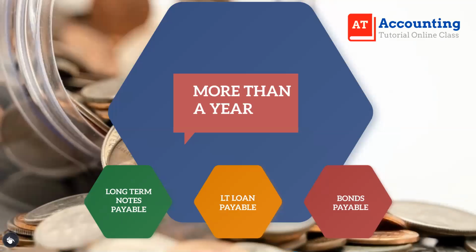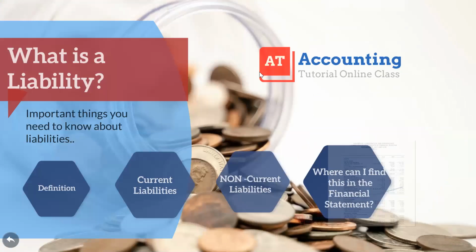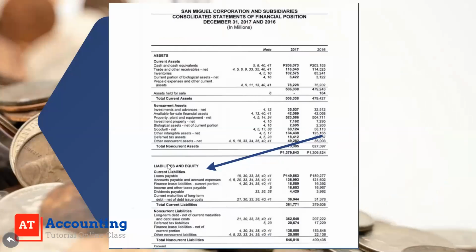All right, so those are the common accounts under the non-current liabilities. Let's review where we see the liabilities section in the financial statements. In the balance sheet, it's in the lower portion, part of the liabilities and equity. We see current and non-current segregated.